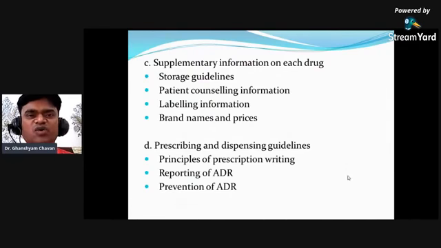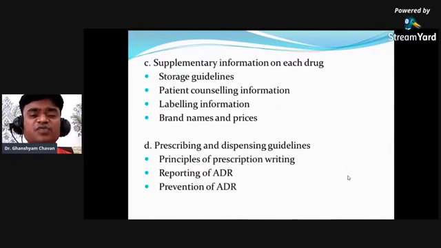To save lives, you should report the ADR, whatever ADR it is. What is ADR? It is adverse drug reactions. So if any ADR occurs, we should report to the concerned hospitals or concerned authorities.